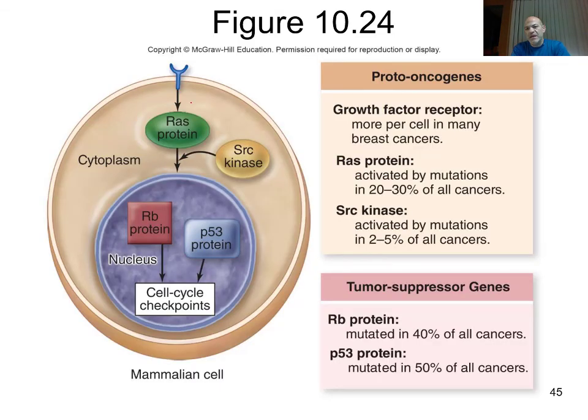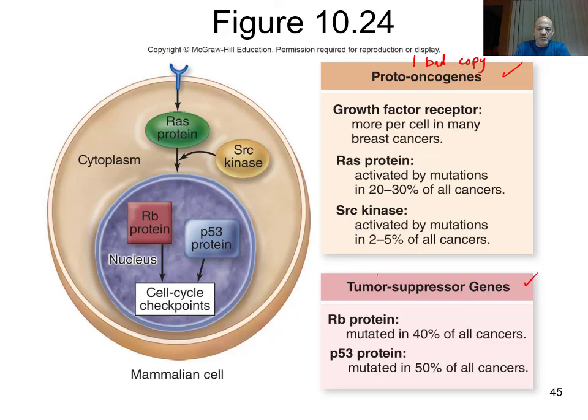So in summary, you have your proto-oncogenes that help push the cell cycle forward, and you have your tumor suppressors like the RB protein that help put the brakes on that process overall. For the proto-oncogenes, you're only going to need one bad copy, and that causes the cell to continue to go through the cell cycle and the cells to divide.